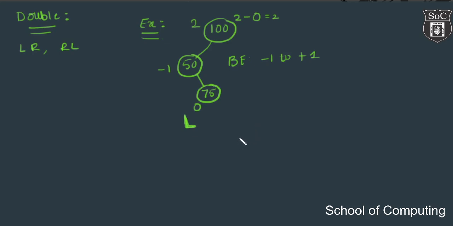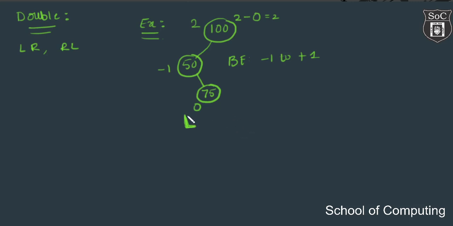The problem has occurred on the left side of the tree. Because of what? When 75 was not added, there was no problem. The tree was perfectly balanced. So the problem occurred because of 75. What is 75? Is it a left child or right child? 75 is the newly added right child, which created a problem.